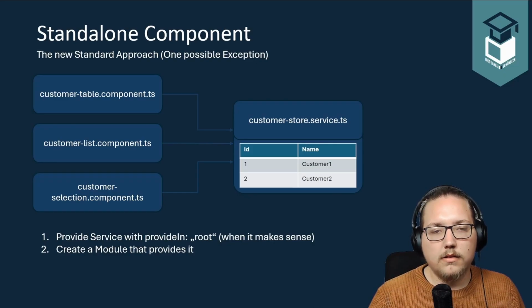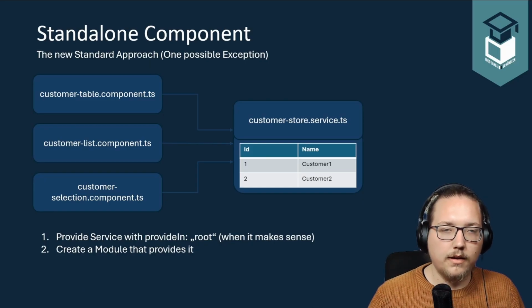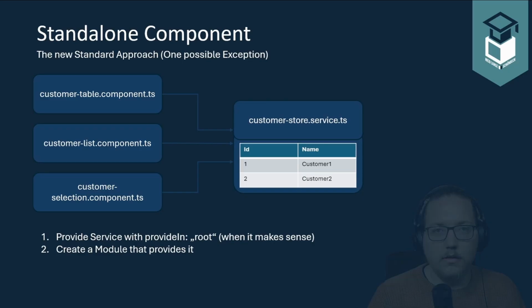Because otherwise, it's not possible to have the same service instance in that way. But you can, of course, make every component that you declare in the module a standalone component. It's still possible, but yeah, you need a module in between to make that happen.